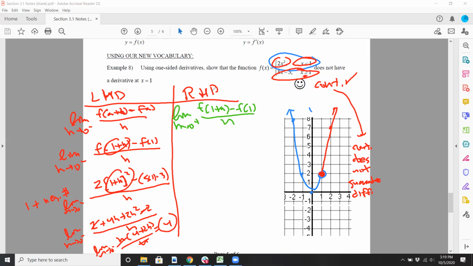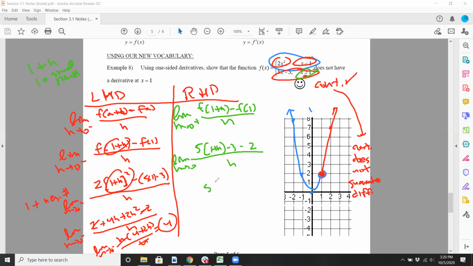Now remember, 1 plus h, basically what you're doing is you're doing 1 plus a small positive number. So it's a little bit more than 1. So I'm going to be using this function right here. So if I plug that in, I can do 5 times 1 plus h minus 3 minus f of 1, which I know is 2, all over h, the limit as h approaches 0.